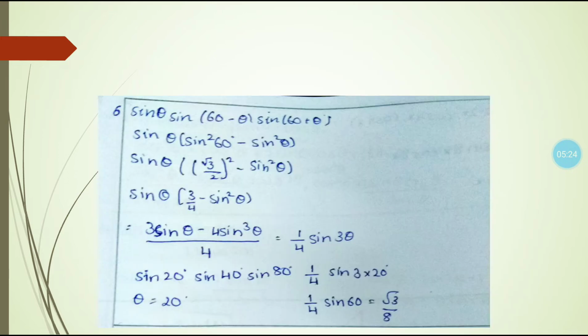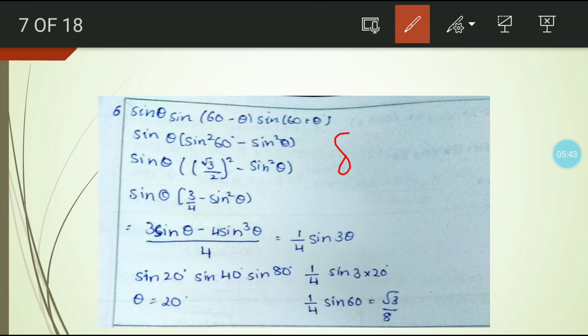Prove that sine theta sine (60 degrees minus theta) sine (60 degrees plus theta) is equal to 1 by 4 sine 3 theta. Hence find the value of sine 20, sine 40 degrees and sine 80 degrees. Now here also like that only we should solve.